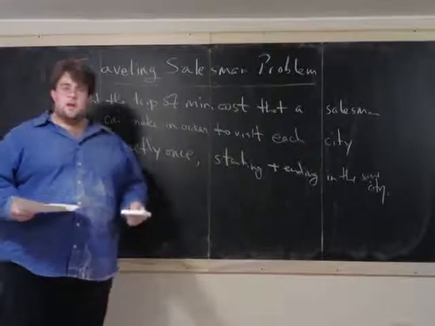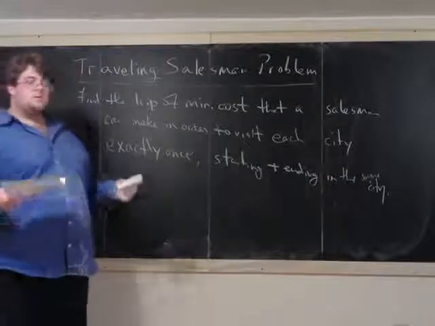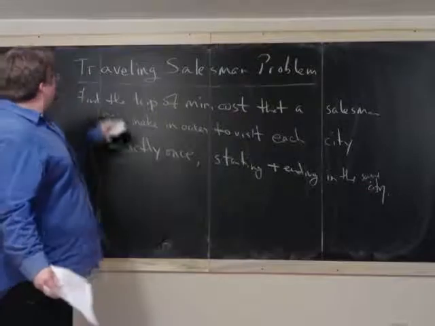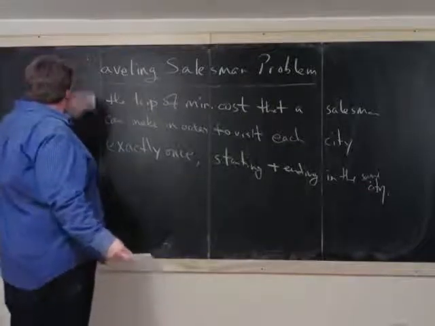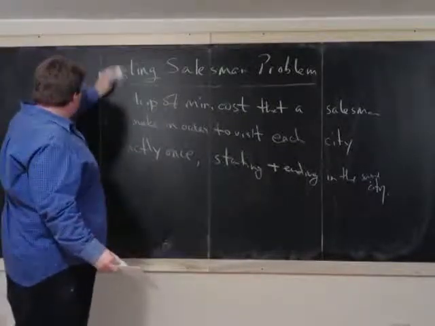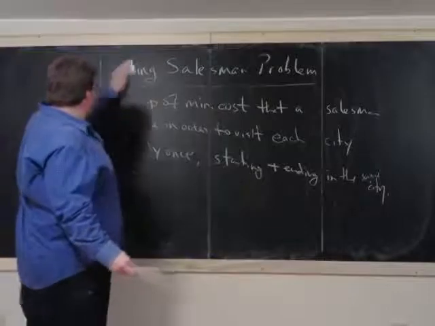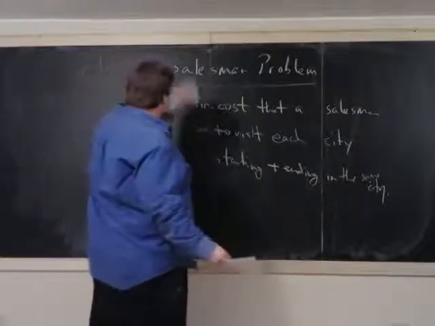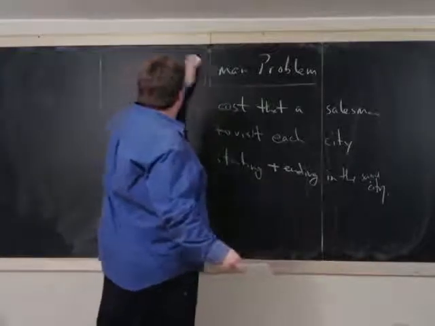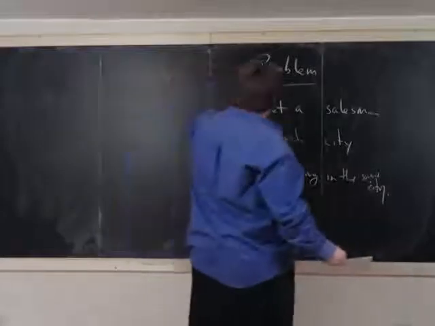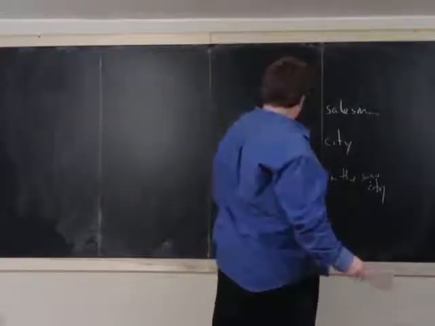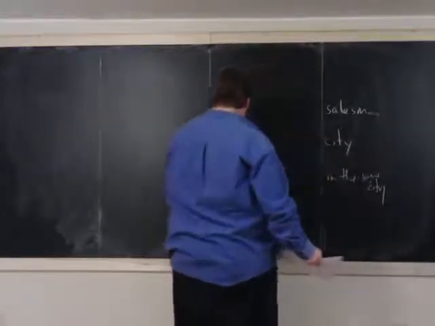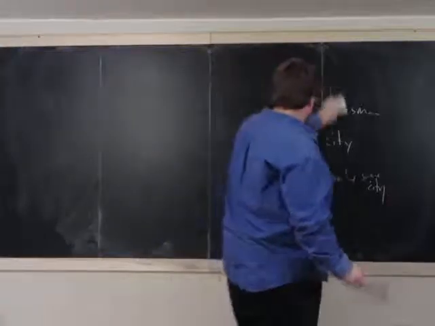You can list out all of the possible ways and find their cost. If you have 10 cities, you would need, what, 9 factorial over 2. So whatever that number is, that's a large number. So it might be useful to have another way of solving them. And we'll discuss 2 different algorithms that we can use.